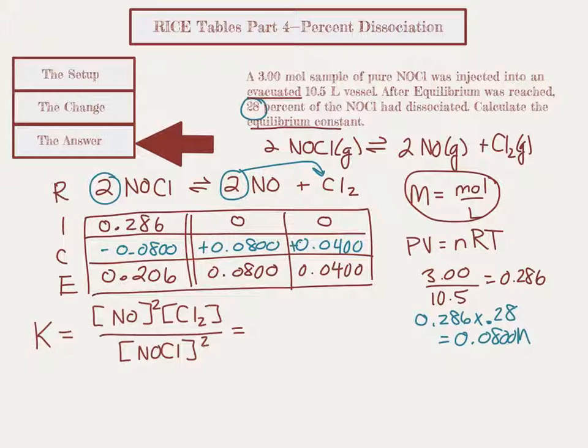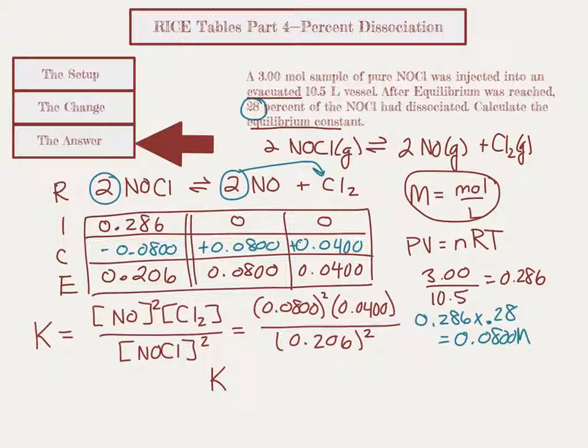Okay, now let's substitute in our numbers. We will end up with an equilibrium constant equal to 0.00603.